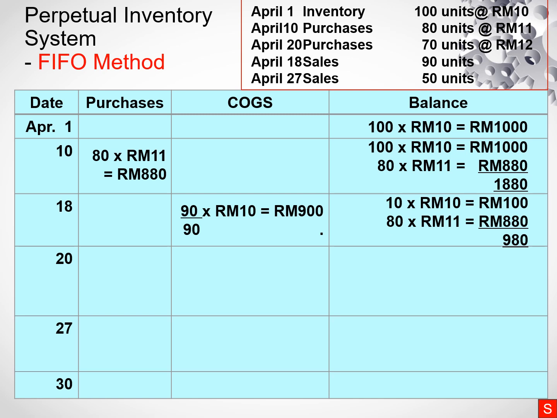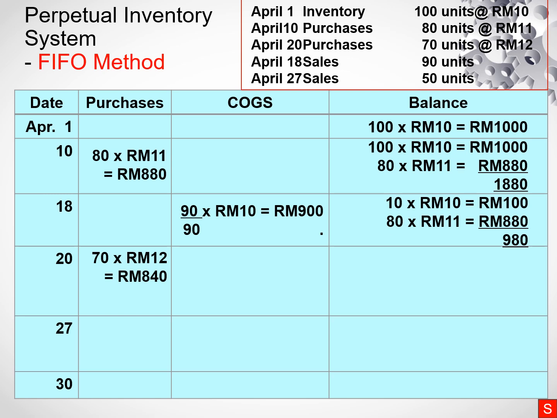The next transaction is on 20th April, that is purchase. So record in purchase column, 70 units times 12 equals to 840.